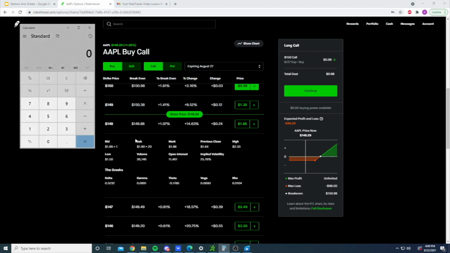So to get the actual dollar amount that you would pay to own the options contract, you have to multiply 1.88 times 100, which gives you $188. That is the actual dollar amount that you would pay for this options contract, or that the seller would get from selling it at this moment.